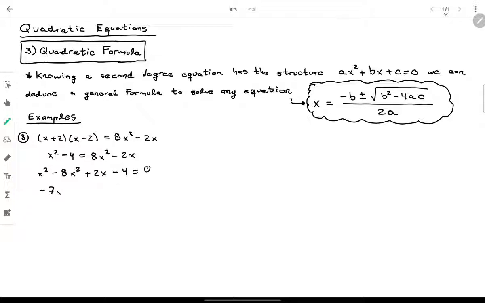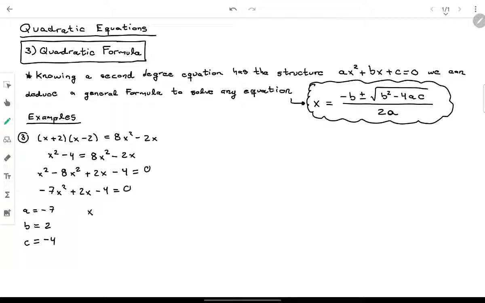Minus 7x squared plus 2x minus 4 equals 0. That means a equals minus 7, b equals 2, and c equals minus 4. So let's apply the general formula for solving the equation.